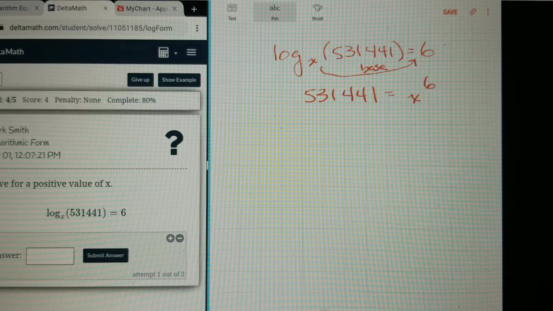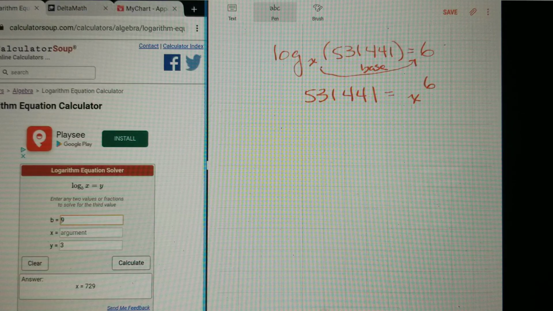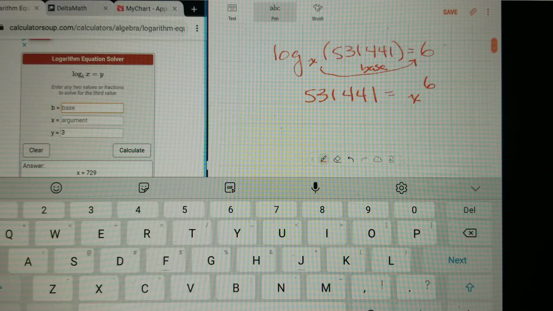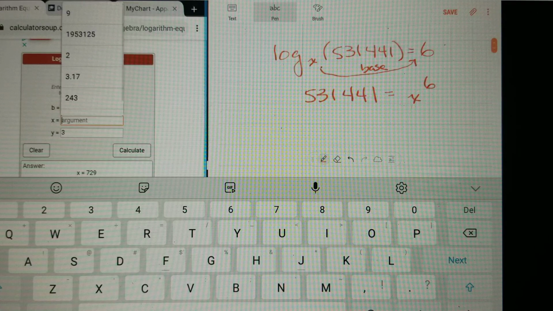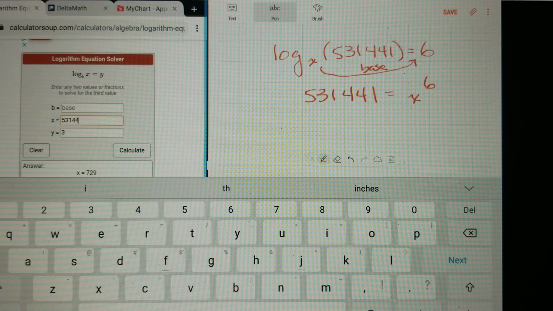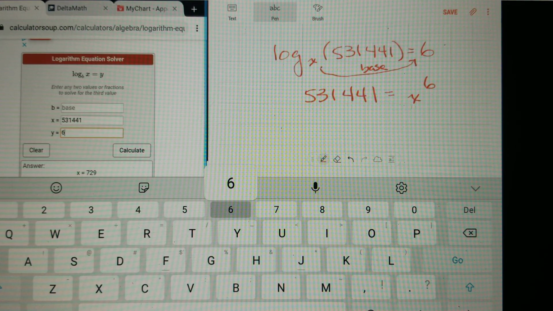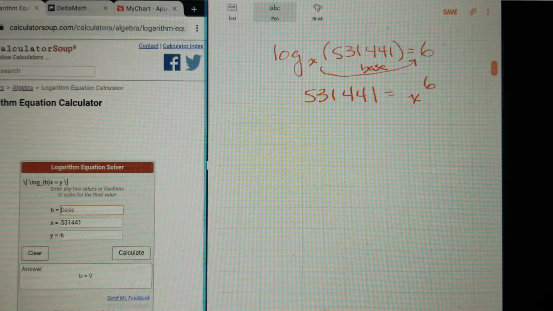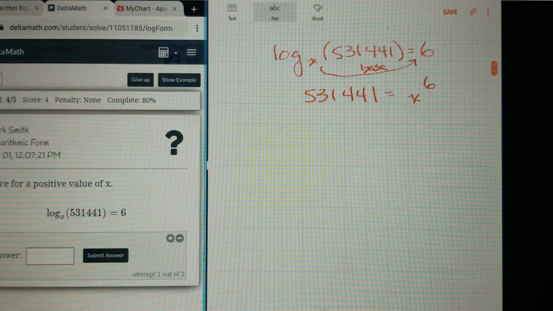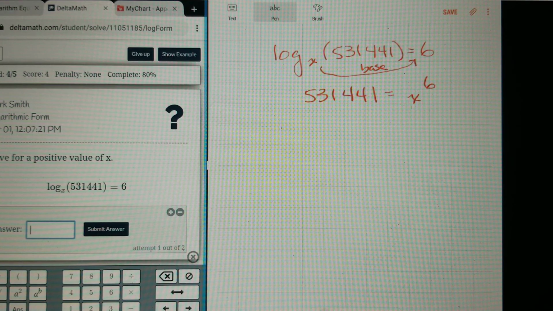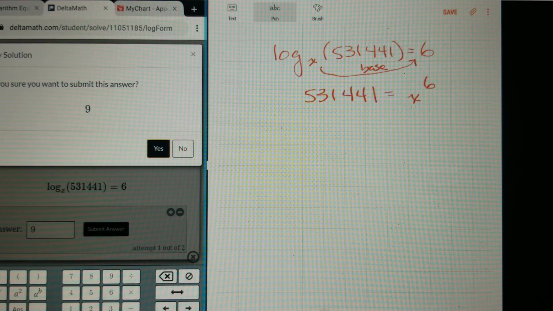Basically this is like a guess and check thing. But we don't need to guess and check because we can just use our logarithm calculator. In this case, we don't know the base. Our x argument is this really crazy number, 531,441, and our y argument is 6. We hit calculate, and we get an answer of 9. And there we go, answer of 9, submit answer.